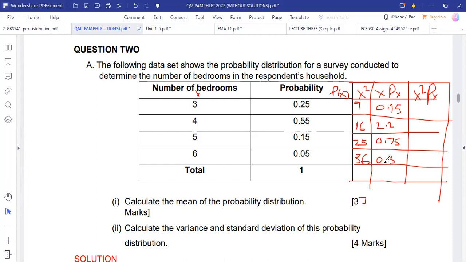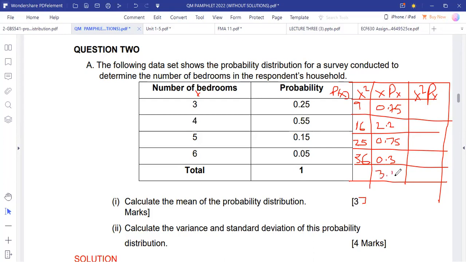So we are supposed to sum x p(x). What do we get? We get 3.4.